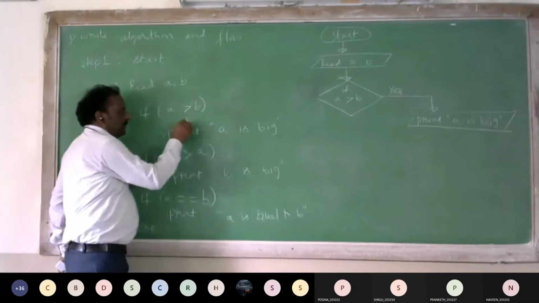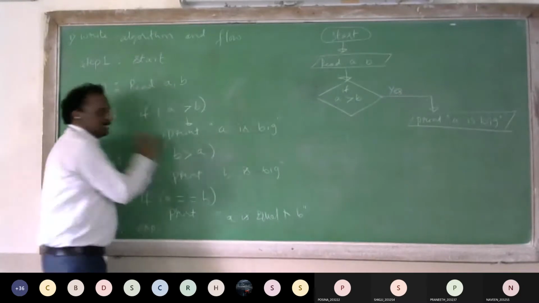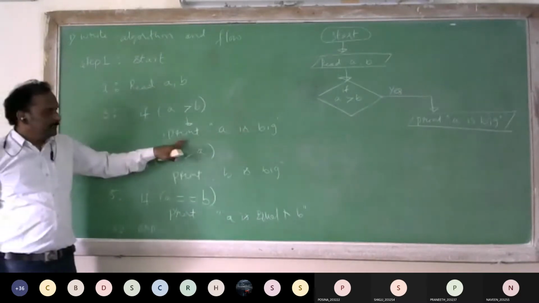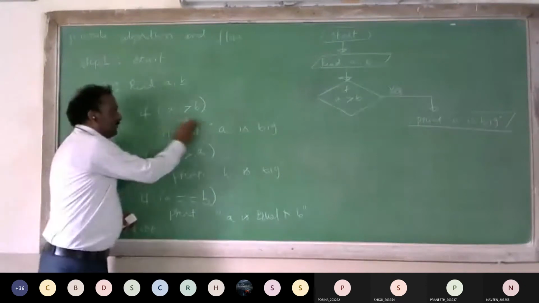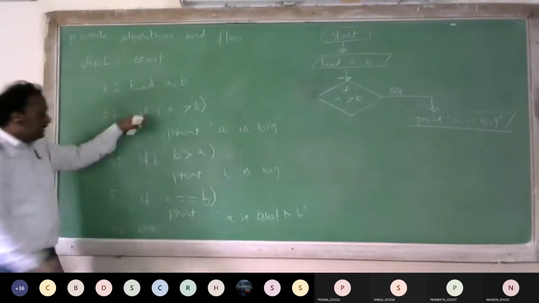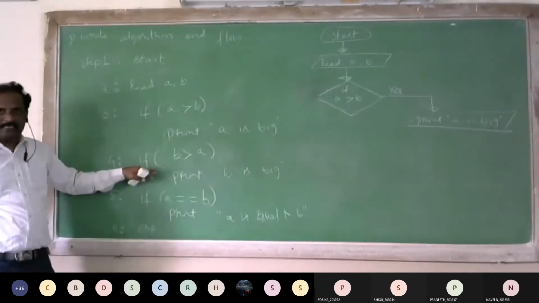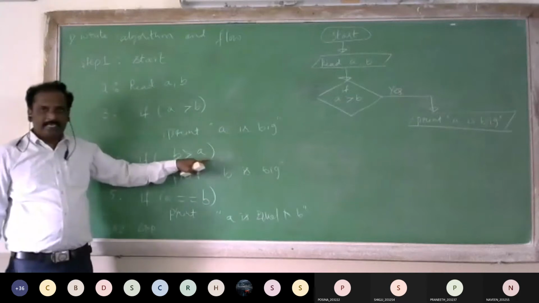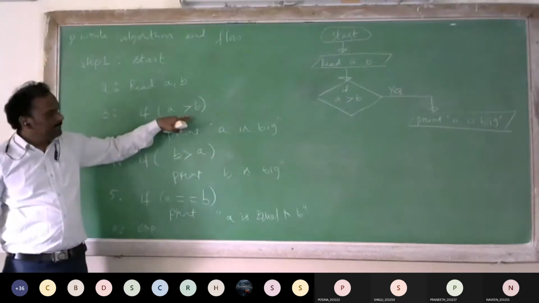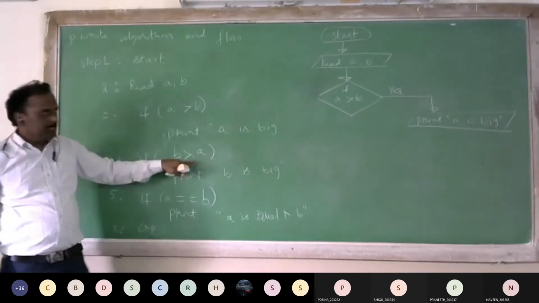If this is true, then only this statement will be executed. If this is false, then only you will check here. If B is greater than A, if this is false, means no, then you will come here.